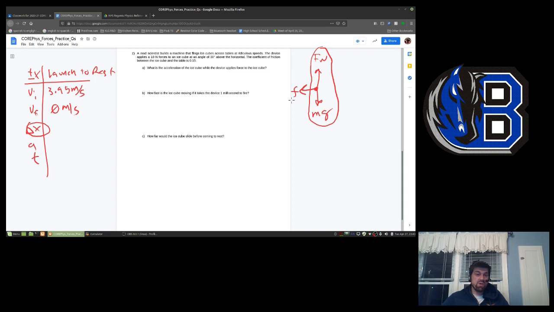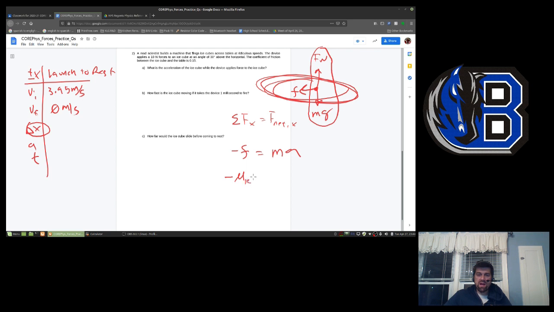Friction is the only player here, which means when I look at the x direction, that's the only x force. And it's in the negative direction, so negative friction equals ma. But I also know that that's mu times the normal force, which hopefully you see is mg. Don't need mass for this bit.